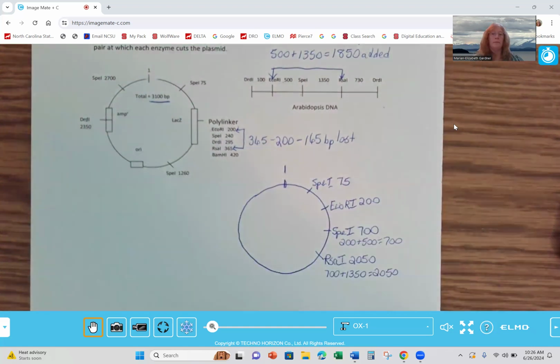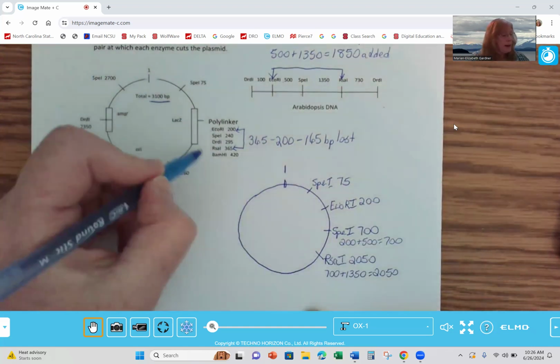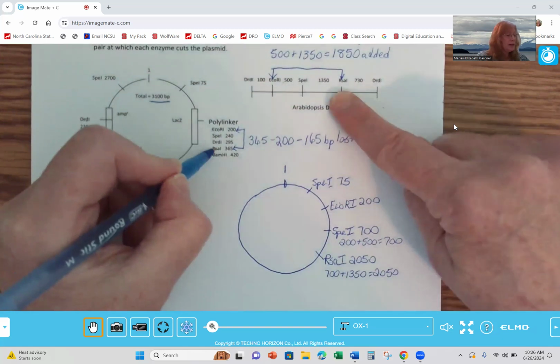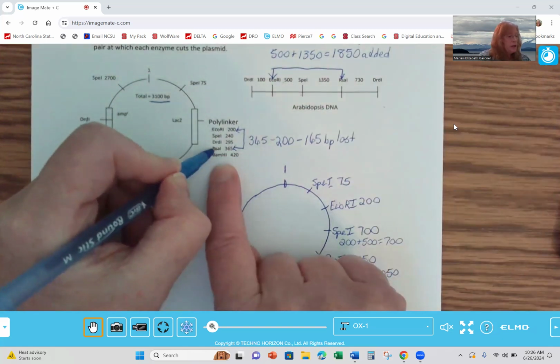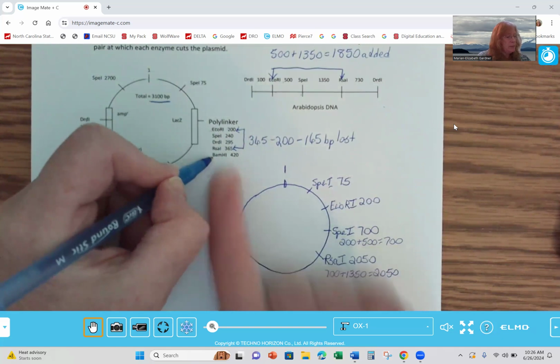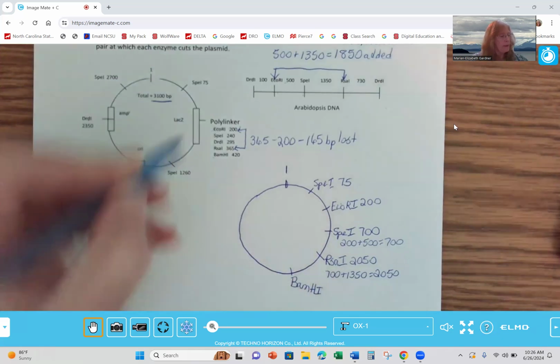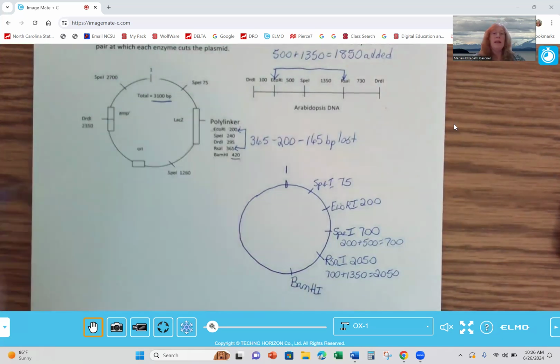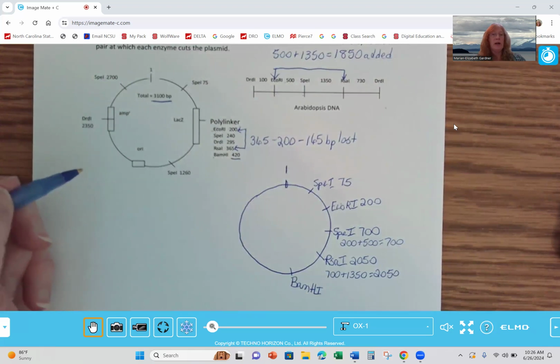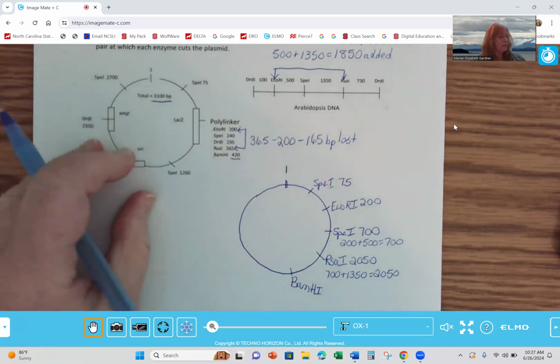Okay. Now we've glued back this RSA glued to there. So our next enzyme cut site is BAMH1. Originally, BAMH1 cut at base pair number 420.